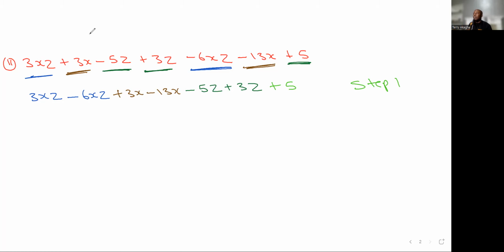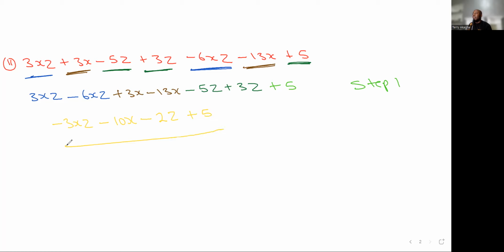The first thing we have is 3xz minus 6xz, and 3 minus 6 will give you minus 3xz. 3x minus 13x will give you minus 10x. Minus 5z plus 3z will give you minus 2z. And we now have plus 5.